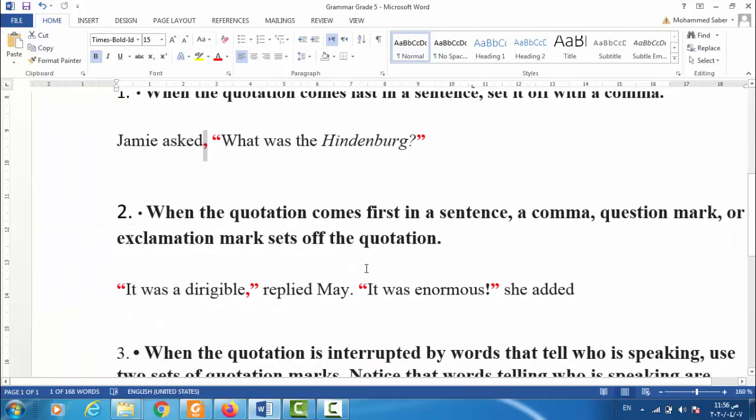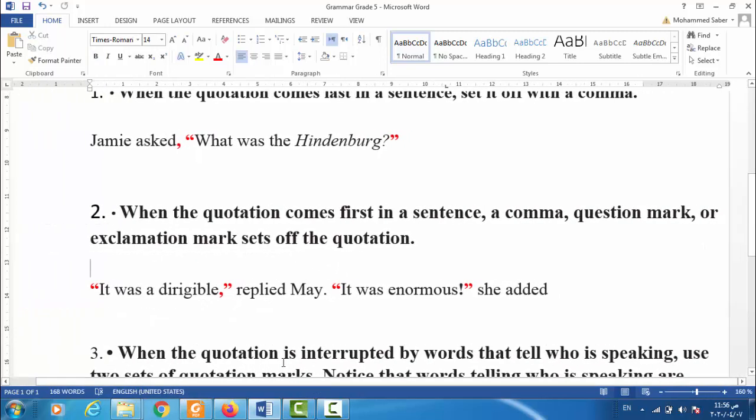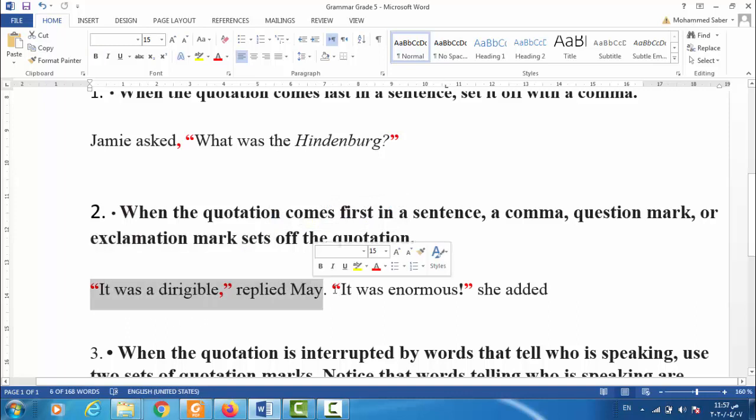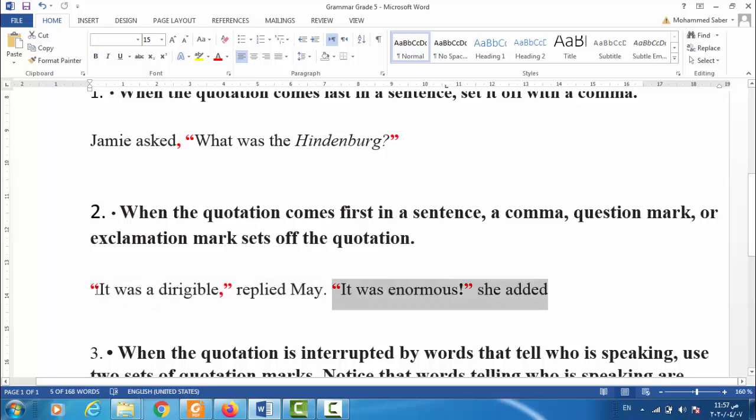The second part, when the quotation comes first in a sentence, a comma, a question mark, or an exclamation mark sets off the quotation. Like how? In this sentence here, I have this part of the sentence and this is another part. If you can see, the exact words come first, at the beginning. So you have to follow the exact words with a comma inside the quotation marks.